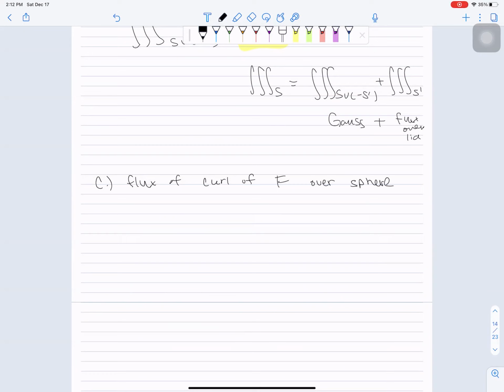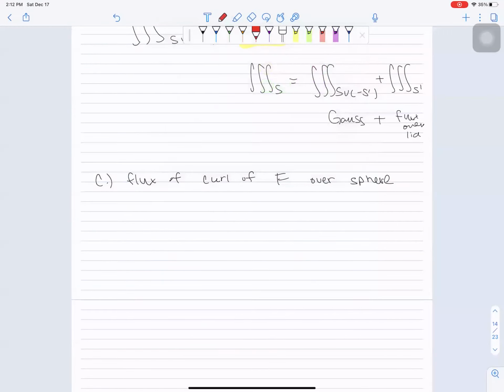In general, if we have a closed shape like a sphere, what does Gauss's theorem say? Gauss's theorem says that the integral of F dot n d sigma equals, so I'll write, this is how it's written in the videos. This is the formula for Gauss's theorem, the vector language way.